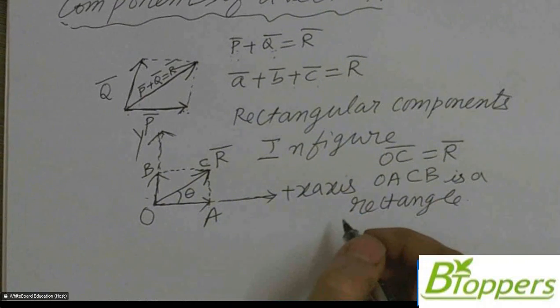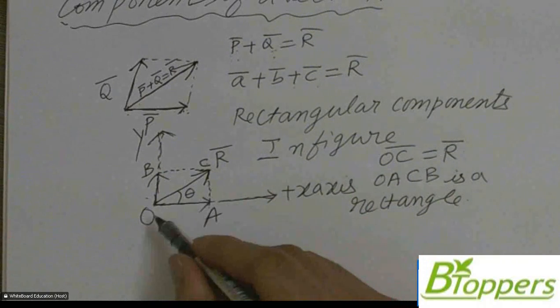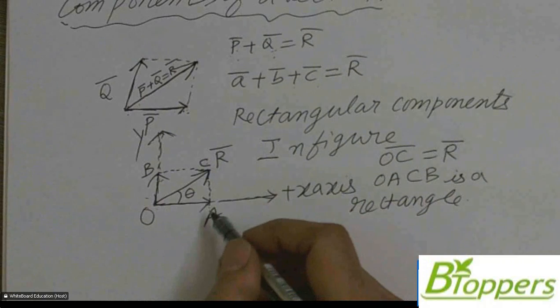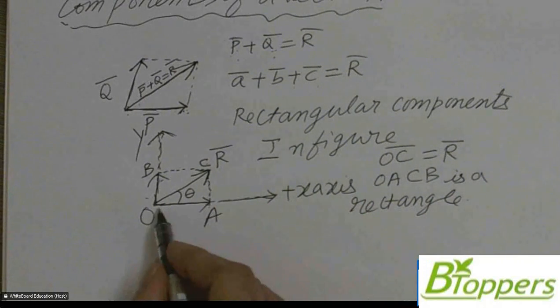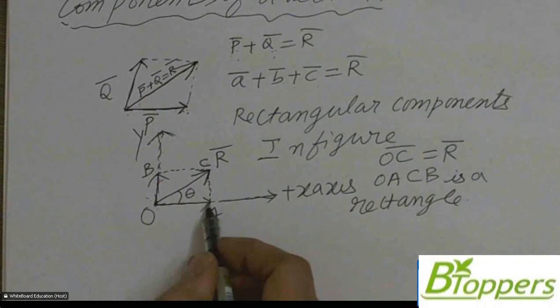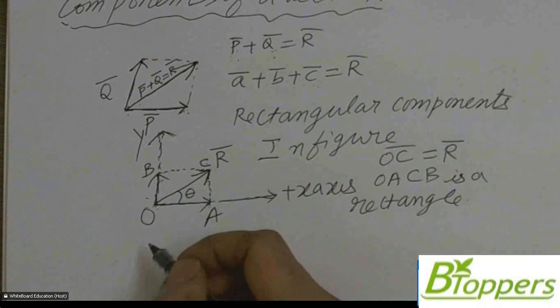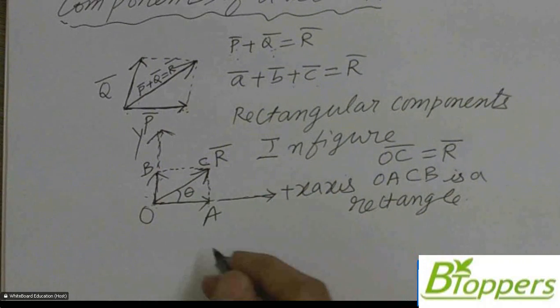Every rectangle is also a parallelogram. Therefore, OACB is also a parallelogram. From the parallelogram law of addition of vectors, the vector sum of OA bar and OB bar will be equal to OC bar.